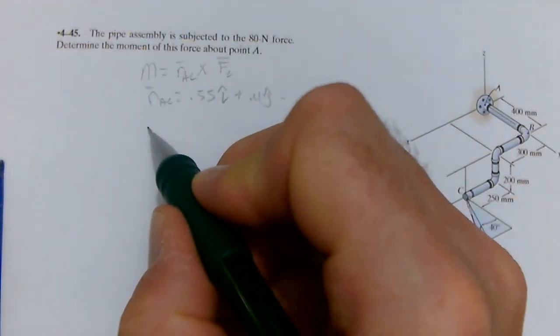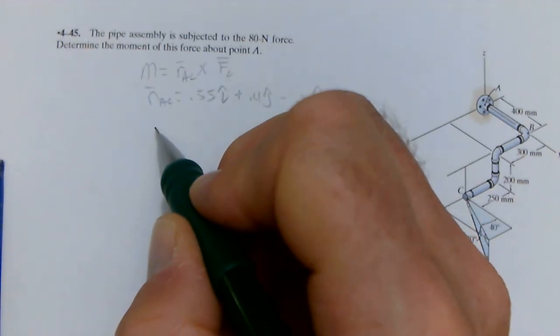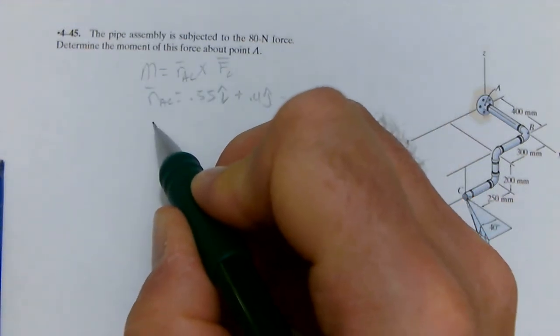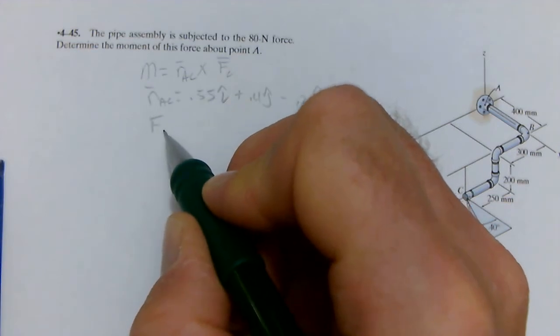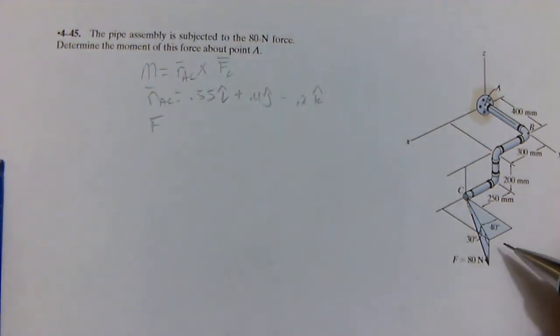Now let's do F. It's kind of hard to see there, but it looks like F has an angle here in the, we'll call it the XY plane, and then an angle here in the Z direction.